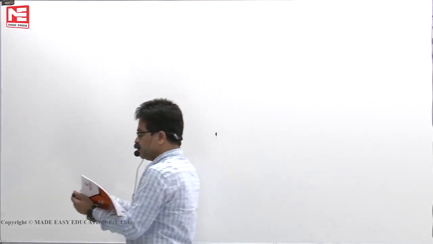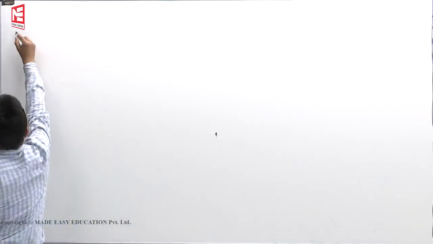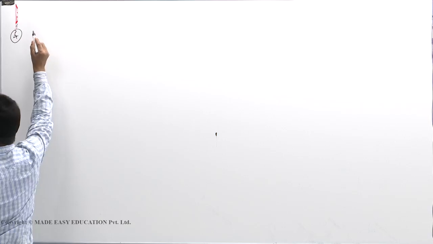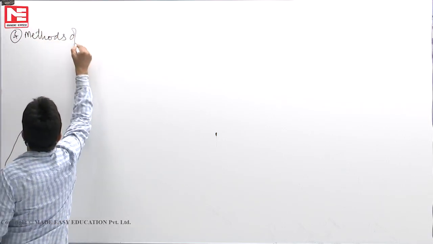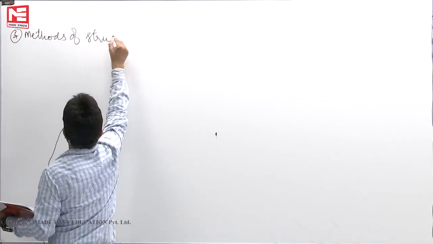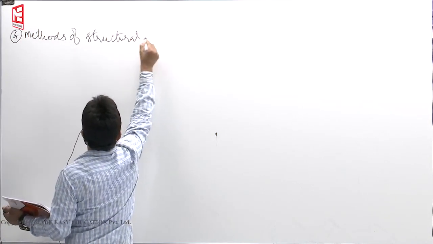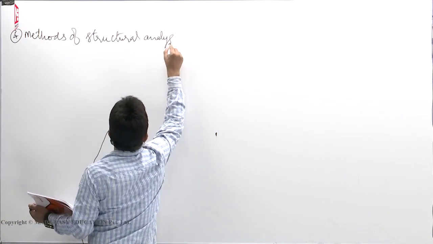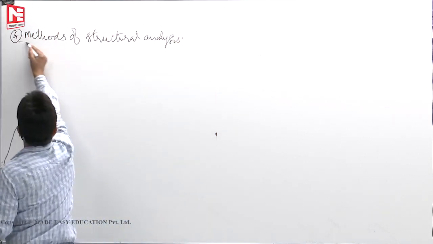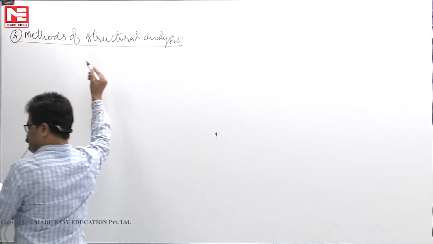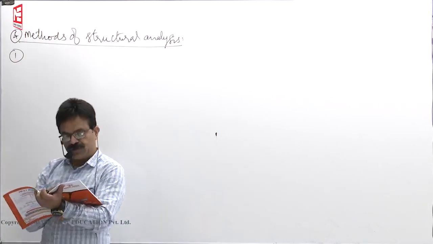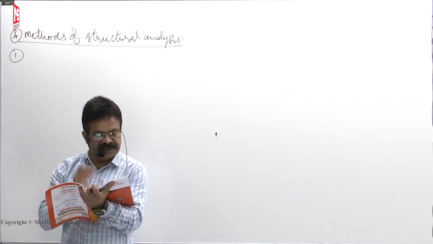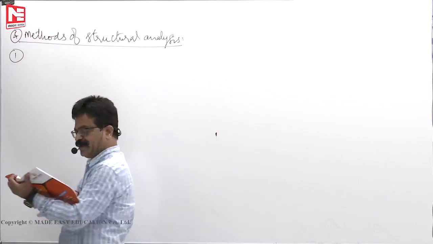Now we'll see the fourth chapter, methods of structural analysis. In that first point, the number of unknowns to be determined in the stiffness method is equal to kinematic indeterminacy.